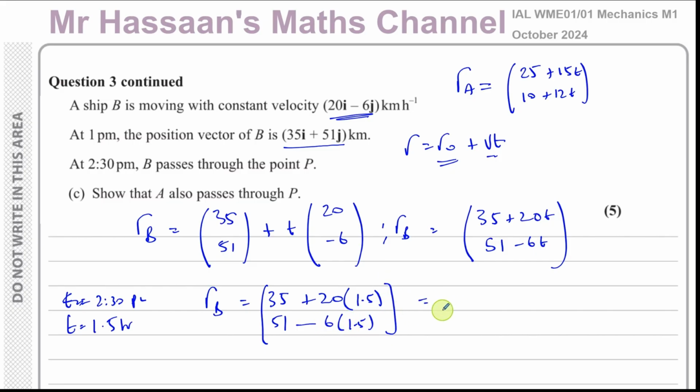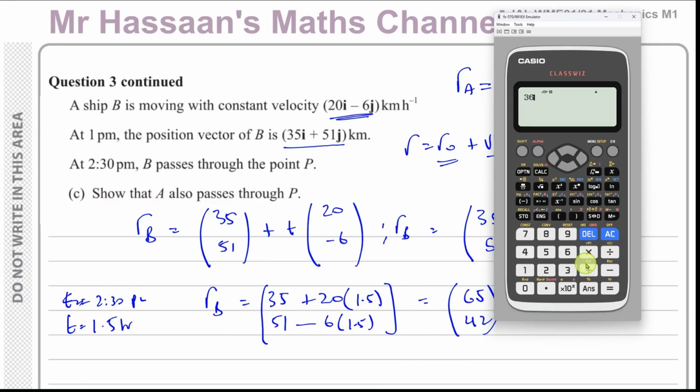So that's 35 plus 30, that's 65 i, and 51 minus 9, which is 42j. Let me just make sure I didn't make a silly mistake there.